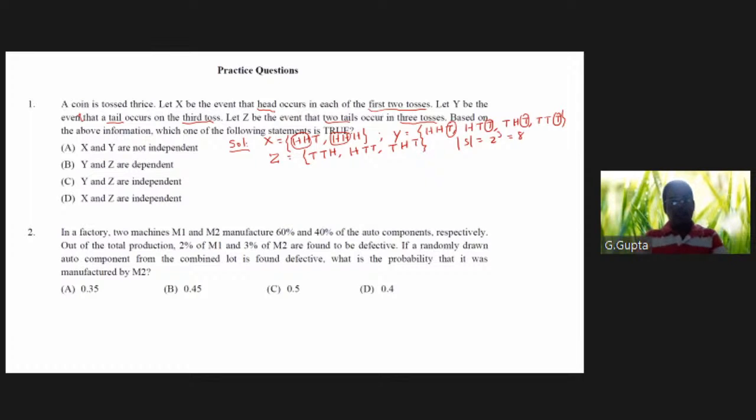Now, according to the options on dependent and independent events, the first priority is C. X intersection Y, how much? H, H, T only. Y intersection Z, how much?